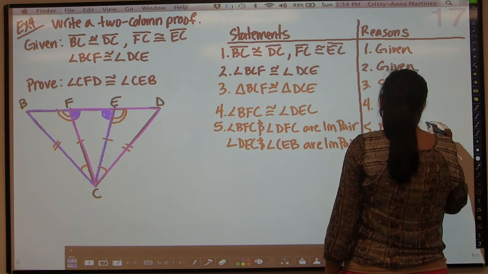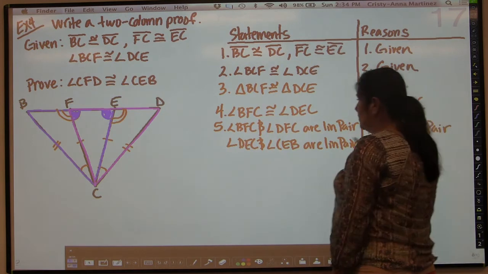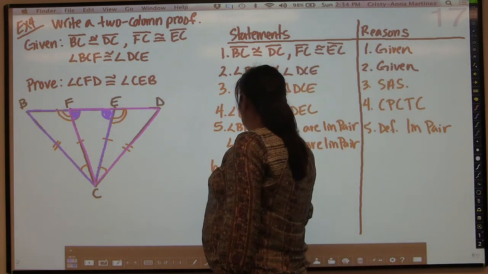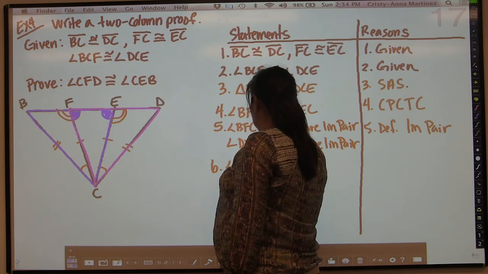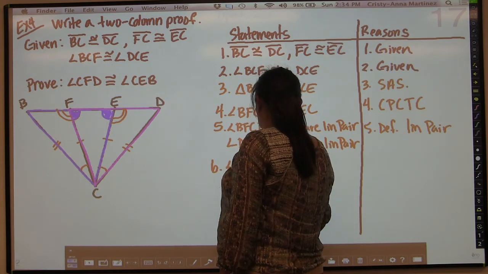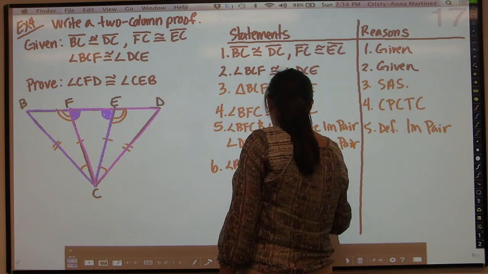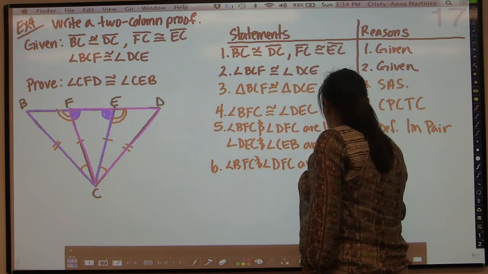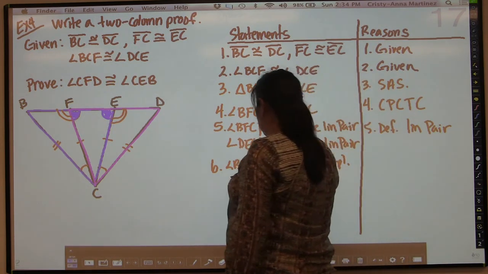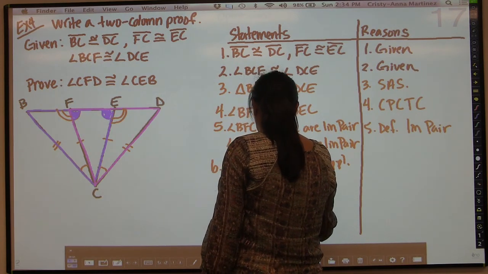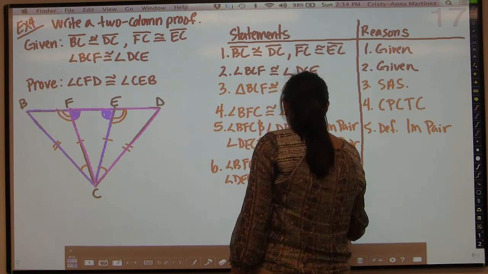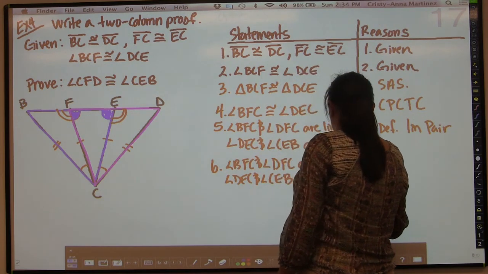And because they're a linear pair, we're going to say angle BFC and angle DFC are supplementary, and so are angle DEC and angle CEB, also supplementary.